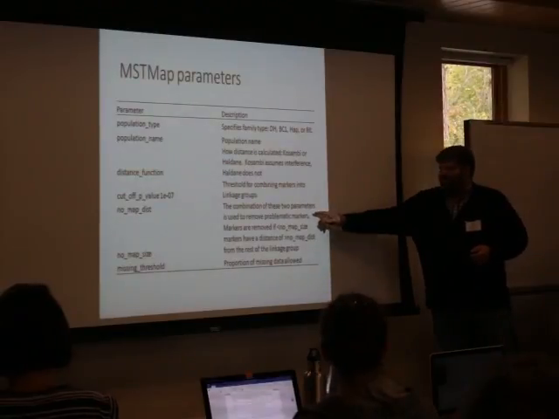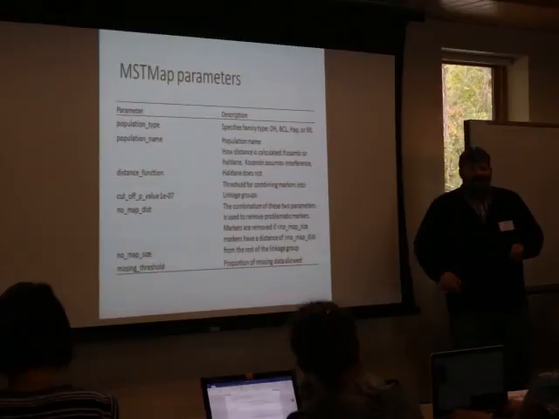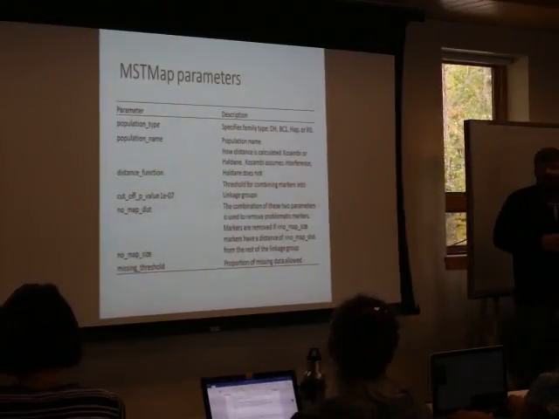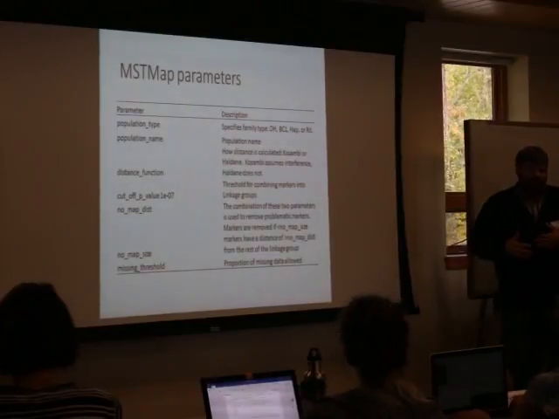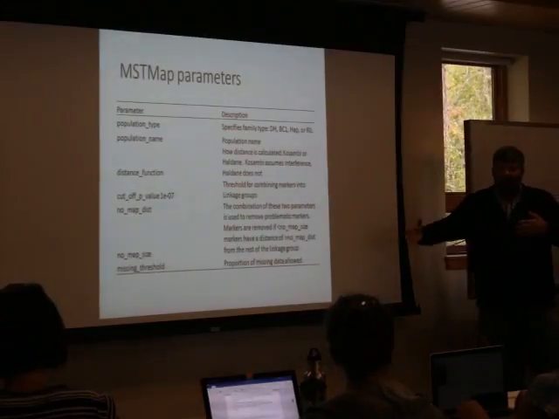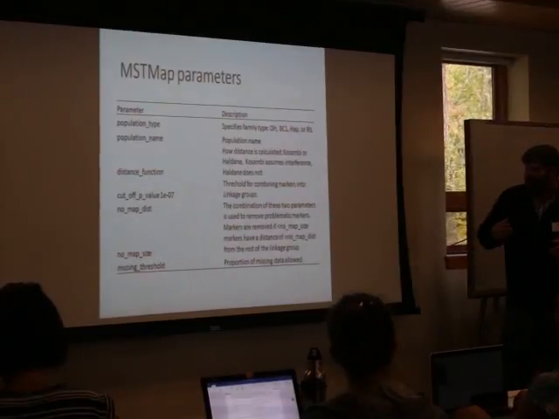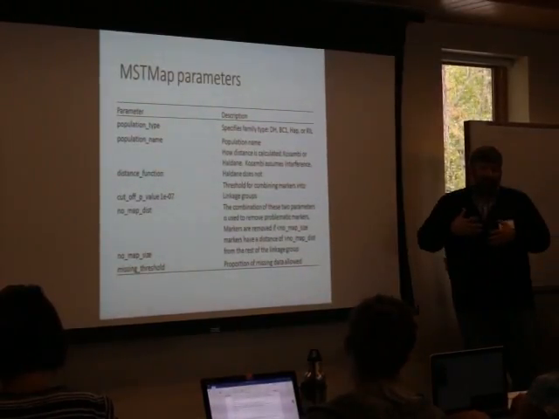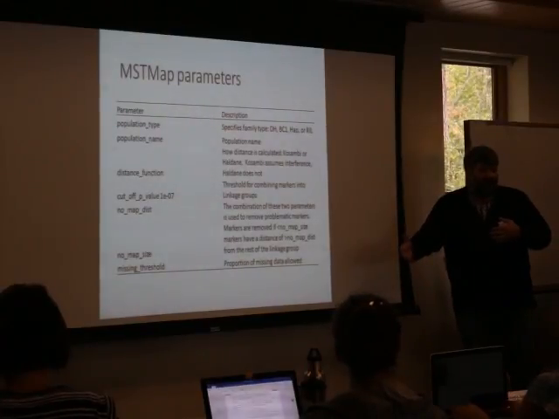The no-map distance and the no-map size are an interesting way of trying to get rid of bad markers. It uses a combination of these two parameters to determine whether to get rid of markers that are at the end of a linkage group. So basically what it says is it's going to cut off markers at the end of the linkage group if there's fewer than a certain number of markers and they're more than a certain distance away.